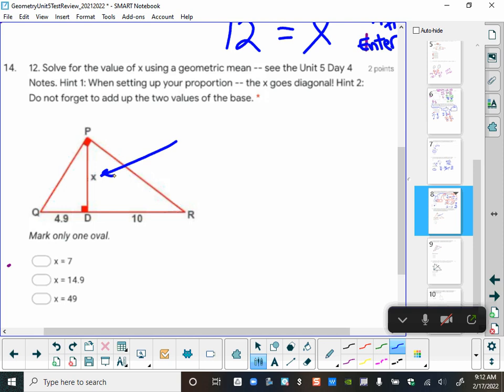Anybody remember? Begins with an A. Think about, all right, I'll give you a hint. High altitude. That's your altitude.